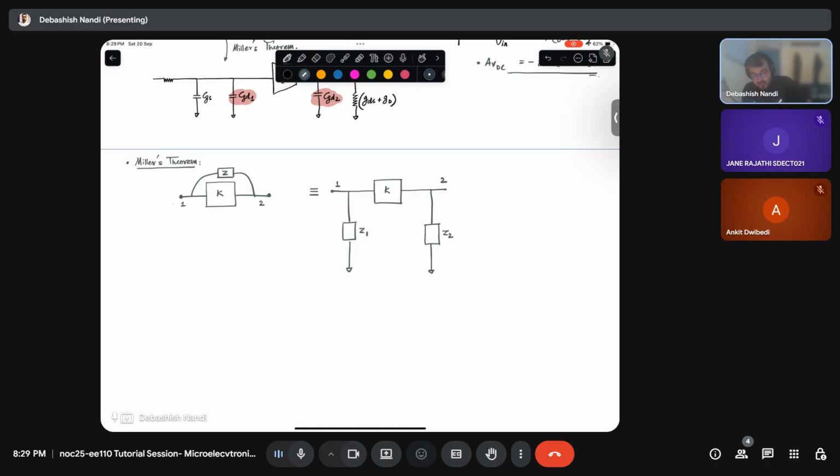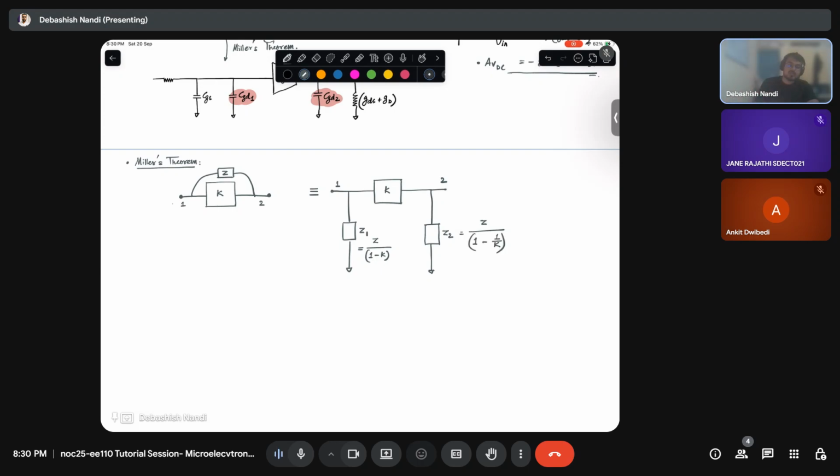So what is the value of Z1? Z1 is Z by 1 minus K. Z2 is 1 by Z by 1 minus 1 by K.